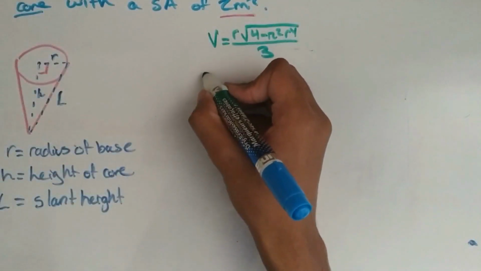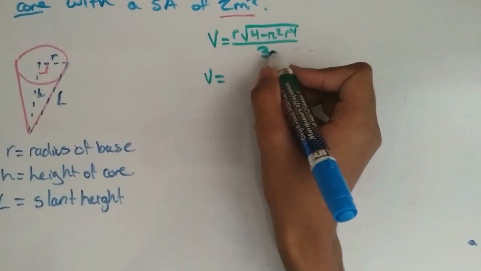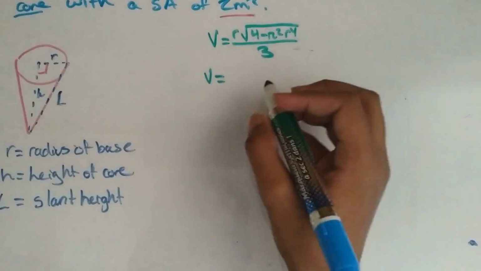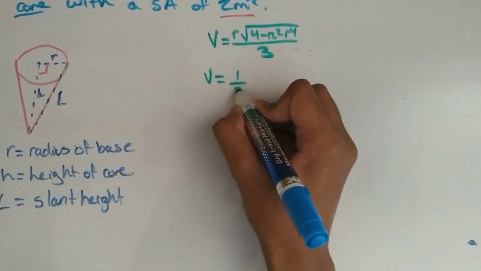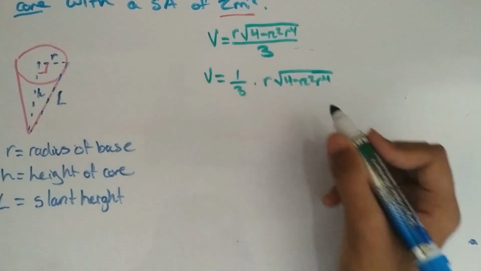So what I'm going to start off with is I'm going to take the 1 over 3. So it's being divided by 3 and 1 at the top. So I'm just going to go ahead and take that out. And what I'm allowed to do is utilize the constant multiple rule.